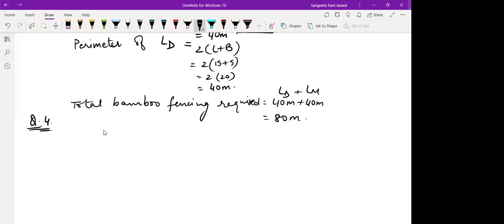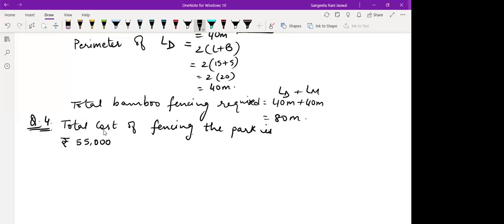Or just take this question for homework. Total cost of fencing the park is rupees 55,000.